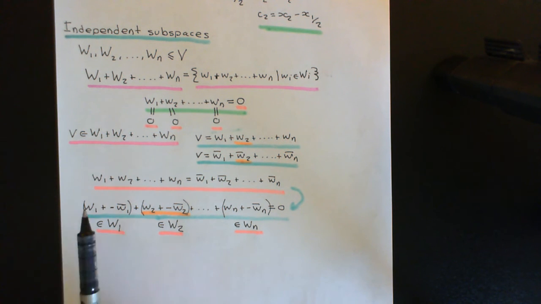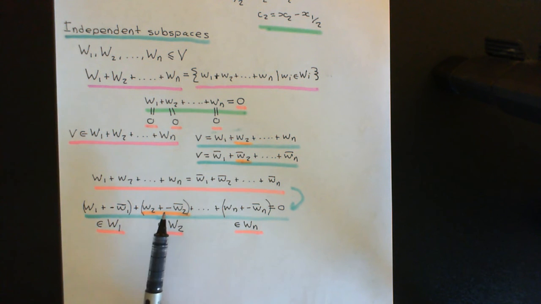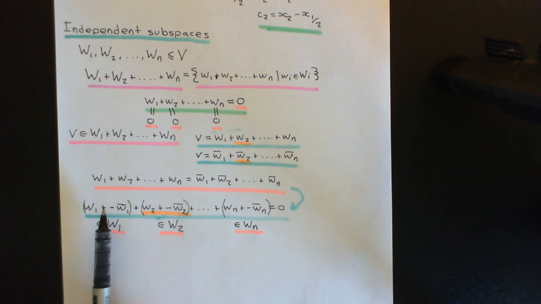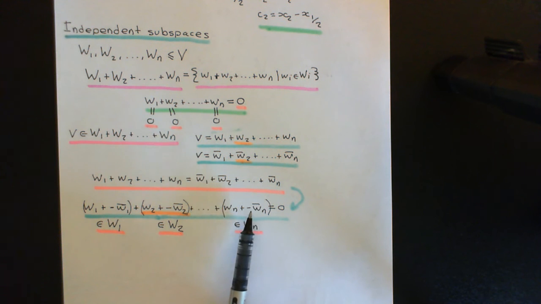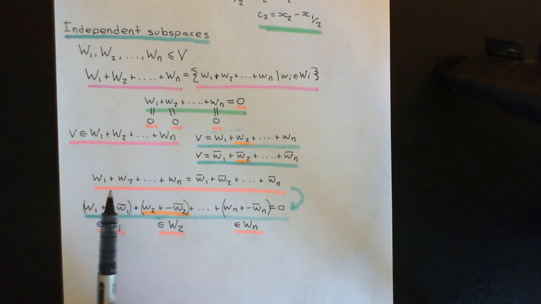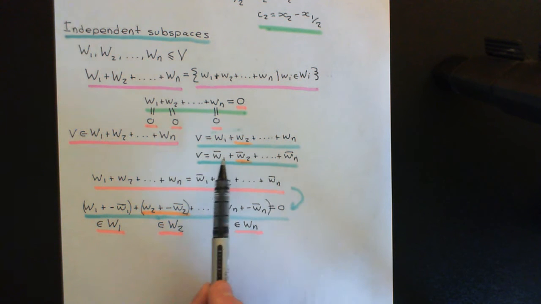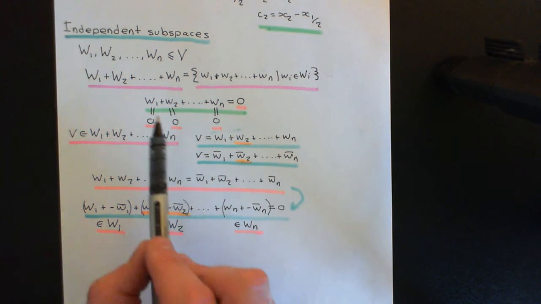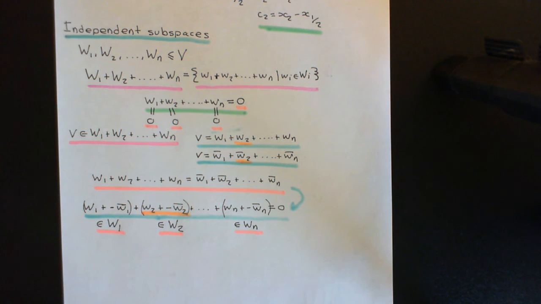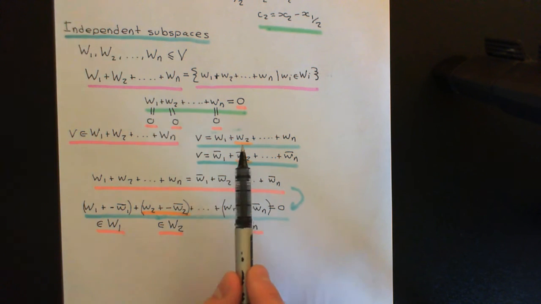Okay, so if these were independent, then the only possible combination here would be a 0 vector here, 0 vector here, all the way up to a 0 vector here. You'd have to have a 0 vector in all of these positions. But I claim that we have not got a 0 vector in all of these positions, because if these two were distinct sums here, they were distinct combinations of elements from the subspaces capital W1, capital W2, all the way up to capital Wn, then at least one of these pairs doesn't actually match up.